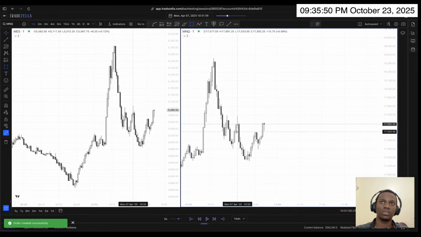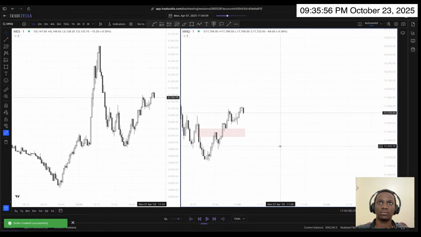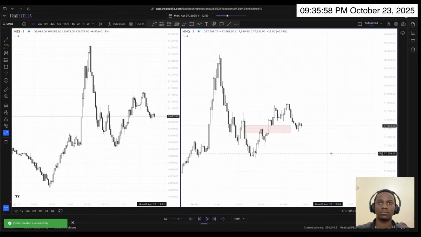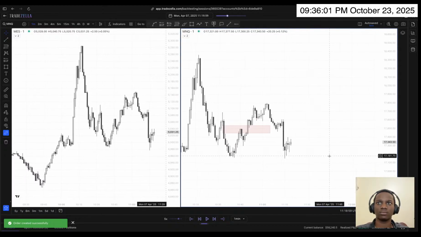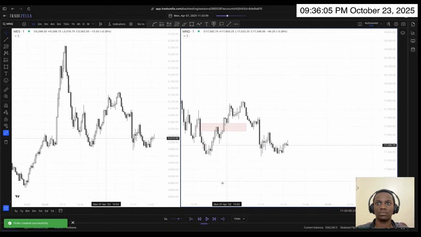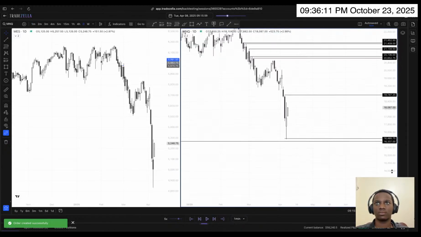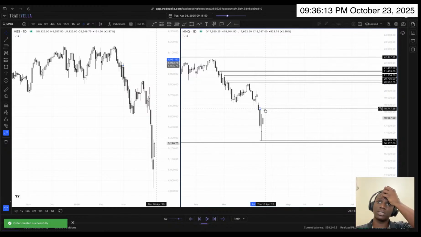We can see the potential entry here. It looks like it's going higher.